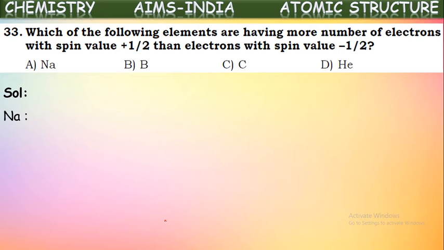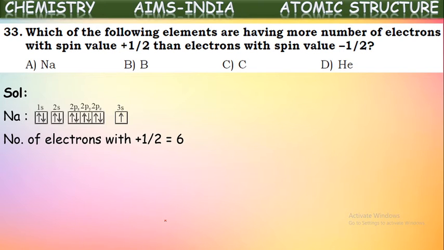See, sodium, we know its atomic number is 11 and its configuration is like this: 1s2, 2s2, 2p6, 3s1. Now, if we observe the electrons with a positive spin or clockwise spin or with value plus half, totally there are here 1, 2, 3, 4, 5, 6, totally 6 electrons are there.